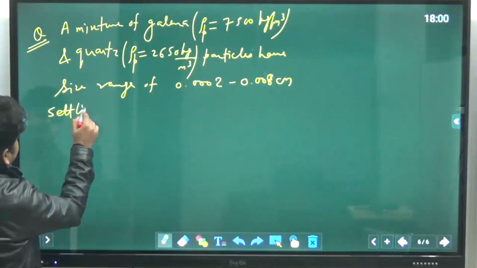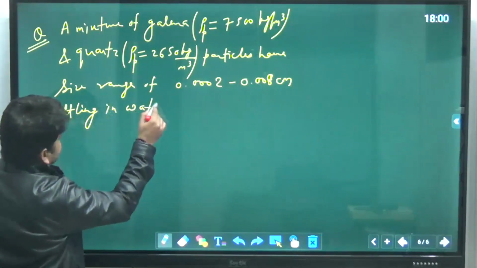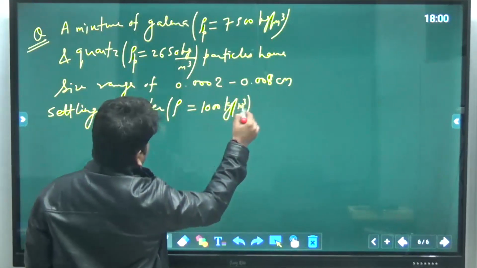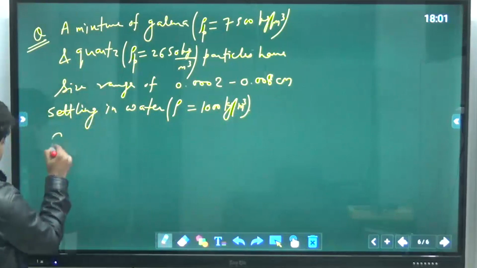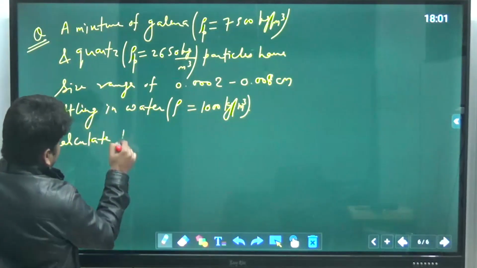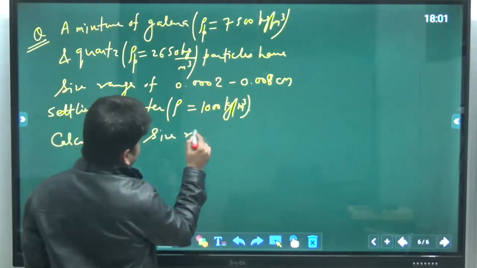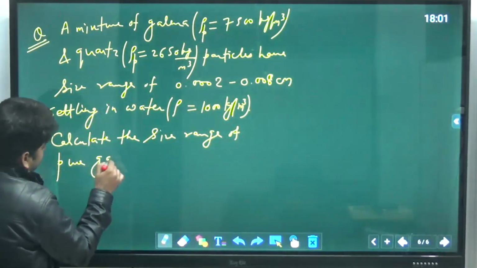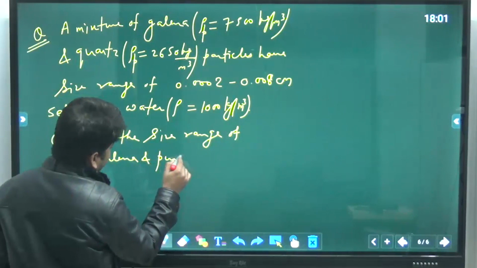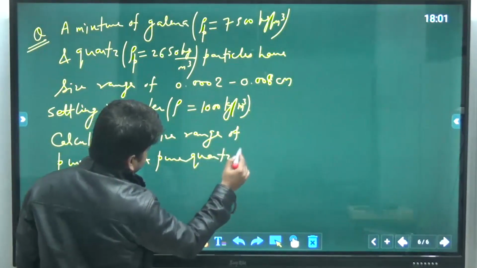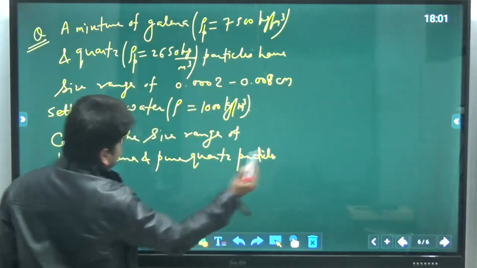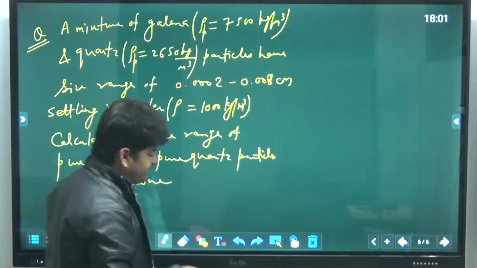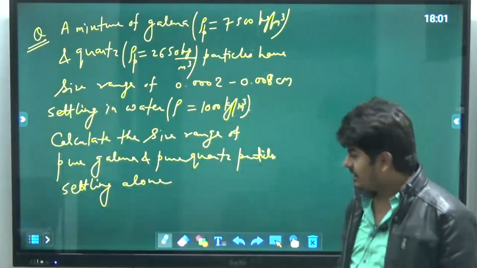Settling in water, calculate the size range of pure galena and pure quartz particles settling along. Okay, this is a numerical.